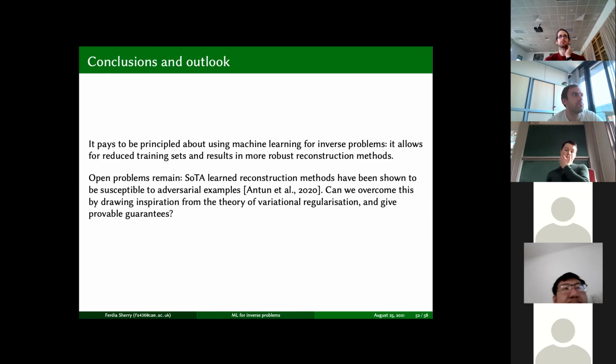So I've tried to convince you in this talk that it pays to be principled about how you use machine learning to solve inverse problems. There's at least one problem that I think is still very interesting, and within reach.